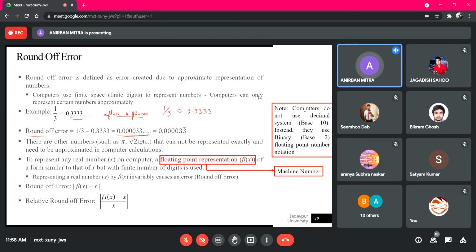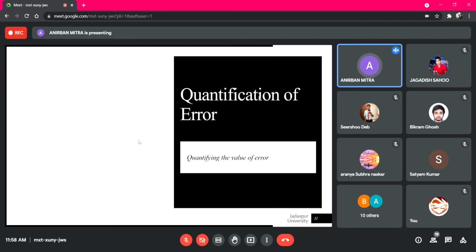That is, the relative round-off error is represented by fl(x), that is the floating point representation, minus the real number, divided by the real number itself. So that is the relative round-off error. Now this nicely leads us to the next topic of quantification of error. Because we have just now provided some mathematical expressions of the round-off error, we can now move forward and see how these errors are quantified.